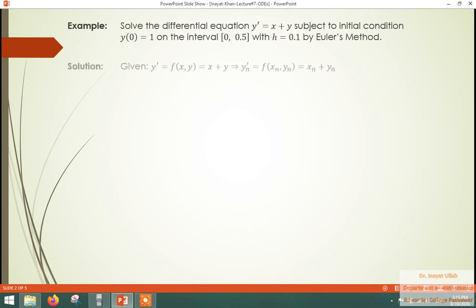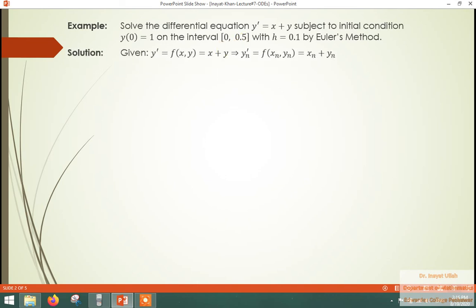So let us start the solution of this example. Y prime is given to you: y prime is equal to x plus y. But y prime is denoted by a function of x and y, so that's why I insert the function of x and y between these two. There is no need to insert this, but just to realize that y prime is actually a function of x comma y, which is x plus y.